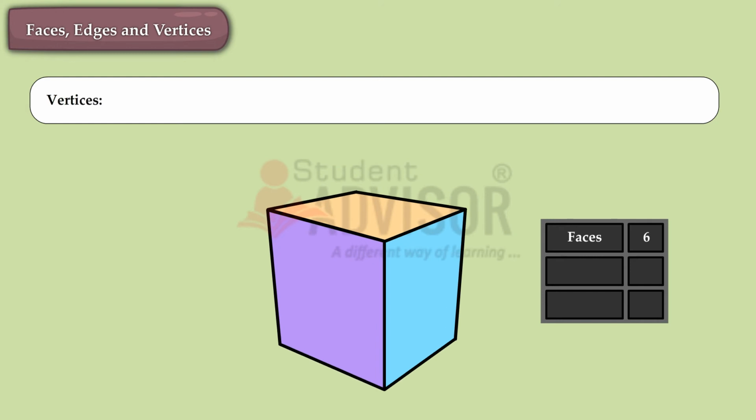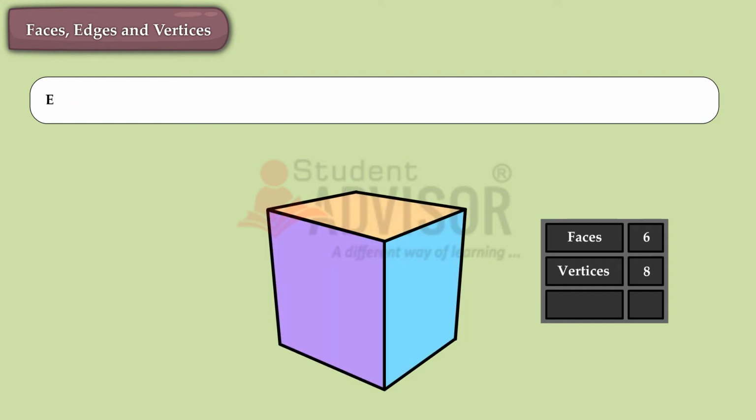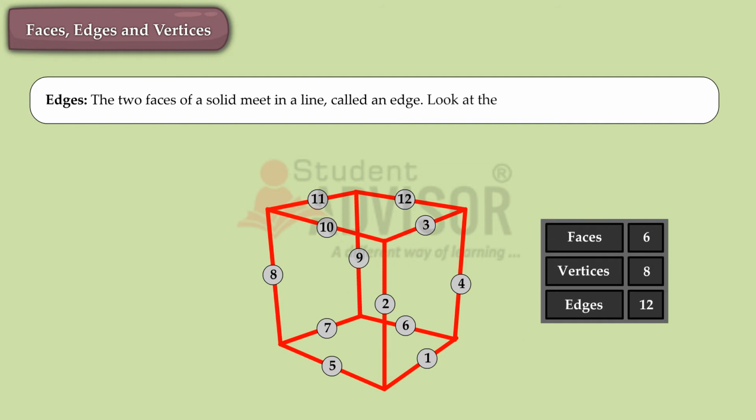Vertices. Each corner where three faces of a solid meet is called its vertex. The plural of vertex is vertices. Edges. The two faces of a solid meet in a line called an edge. Look at the following solids.